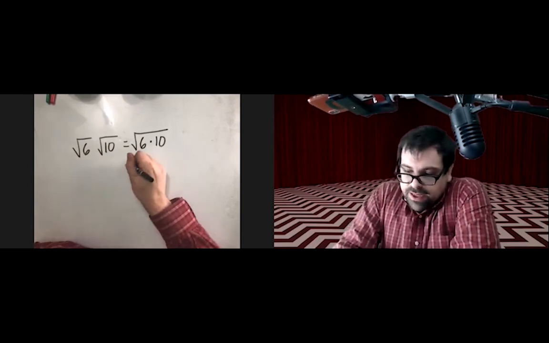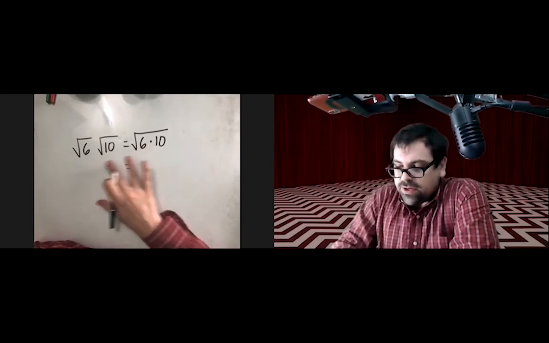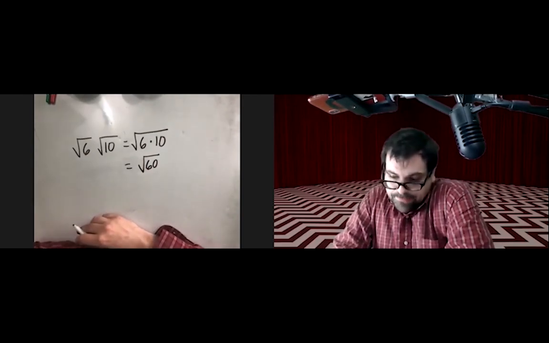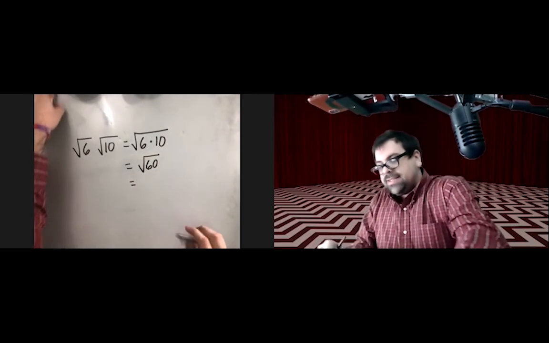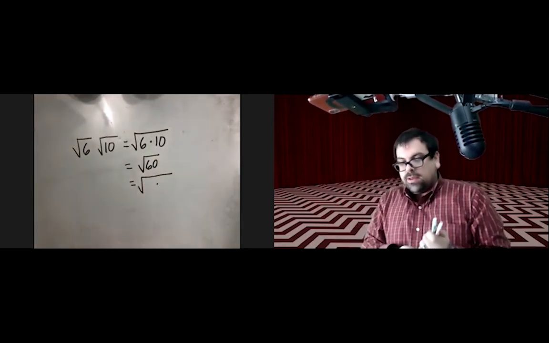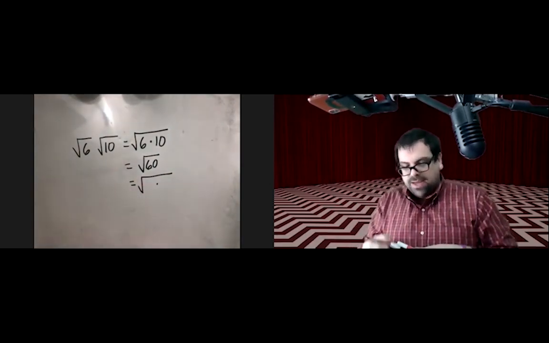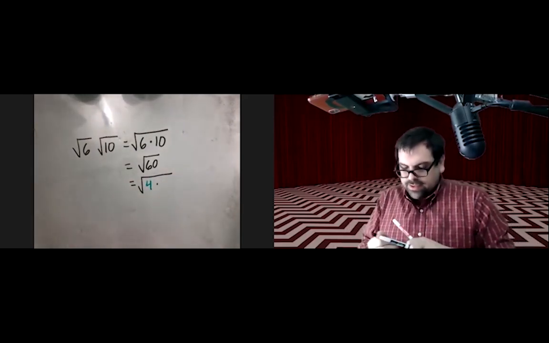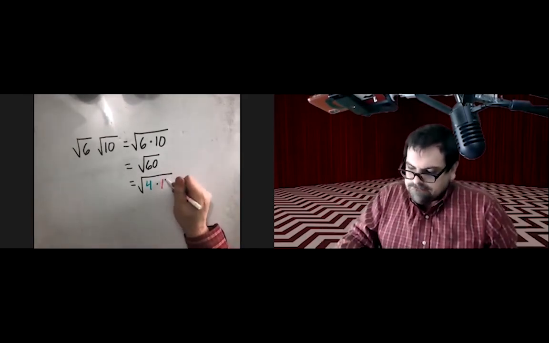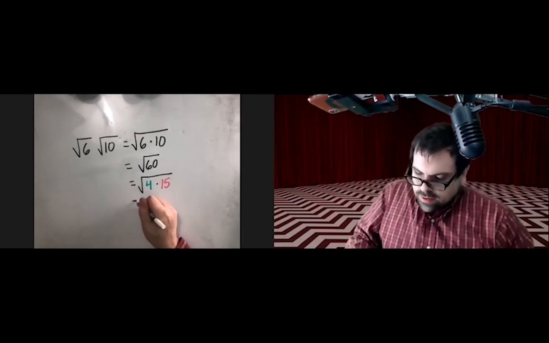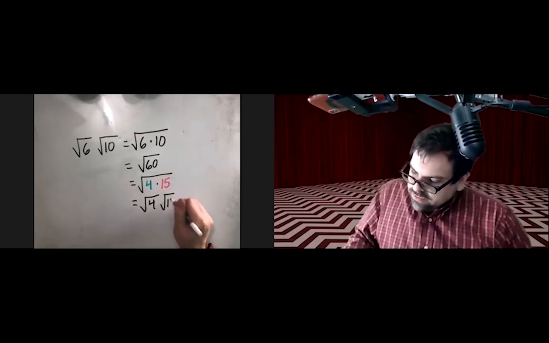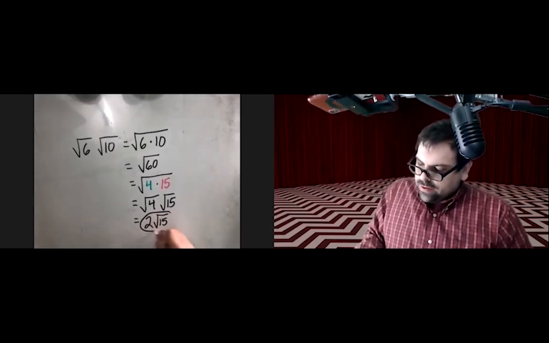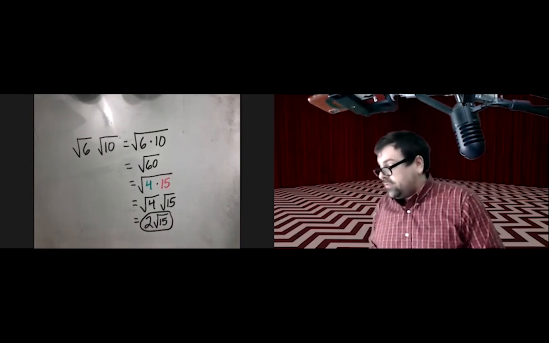But if we multiply them together underneath, we get radical 60. And 60, while 6 and 10 might not have been able to be simplified, 60 is 4 times 15. So radical 4 times radical 15 gives us an answer of 2 radical 15.